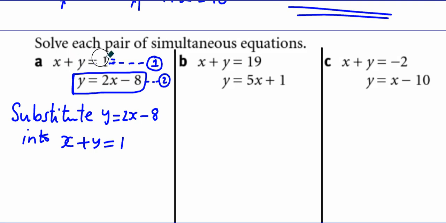So how do we do that? You write x, which is this one here, x plus y. Now in place of y, we don't write y. We keep 2x minus 8, and that equals 1.